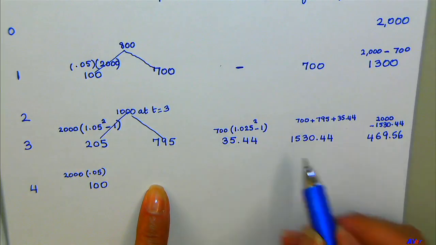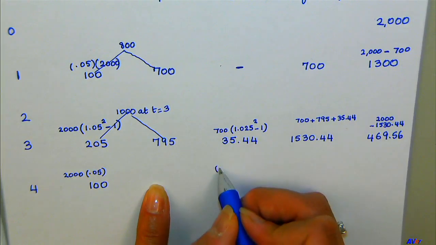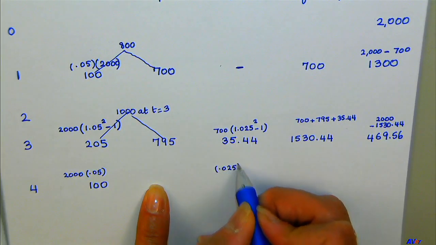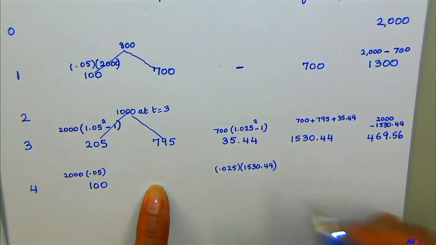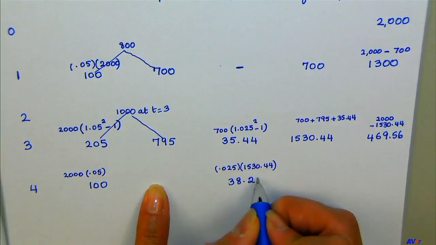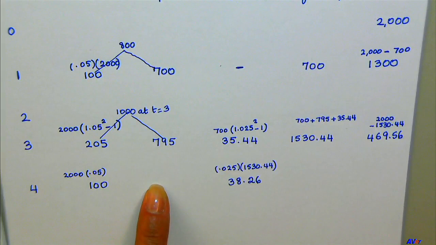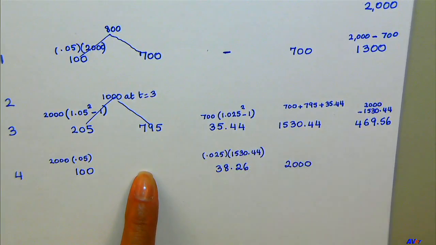Since I have 1530.44 in the sinking fund, I know that I will have 0.025 times 1530.44, and that will be my interest. That turns out to be 38.26. I also know that I have to have accumulated $2,000 in the sinking fund at time 4. So 2,000 at time 4 into the sinking fund.